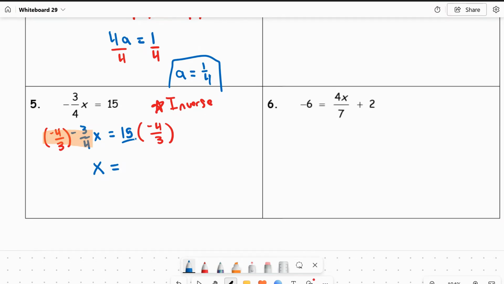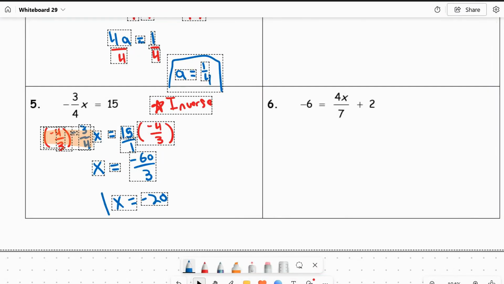Remember, we can make 15 a fraction, 15 over 1. So we have 15 times negative 4, which is negative 60, over 3 times 1, which is 3. Negative 60 divided by 3 simplifies to be negative 20.